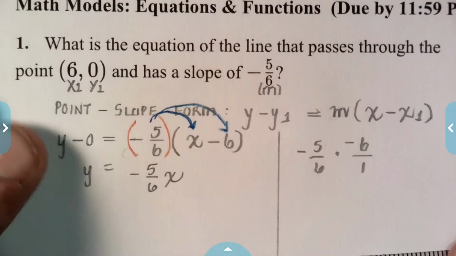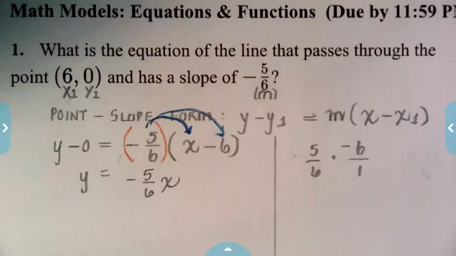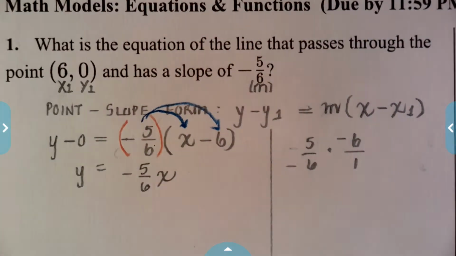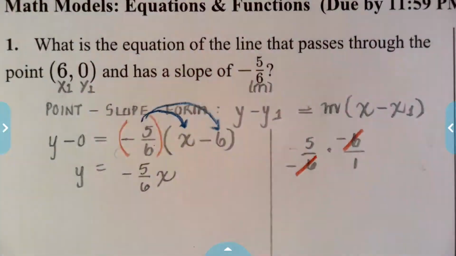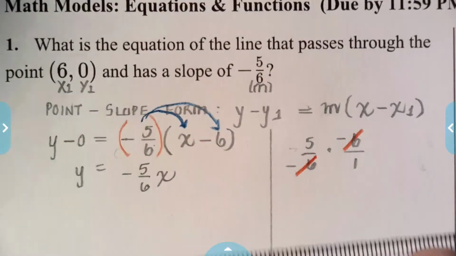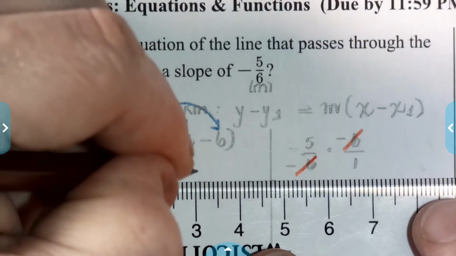And remember how I'm always telling you that negative symbol doesn't necessarily go with the numerator or denominator. It just goes with the fraction as a whole. But let's put it with the denominator to prove a point. Now I can just cancel, right? Leaving me with nothing but a positive 5 over 1 or plus 5. So that allows me to say plus 5.